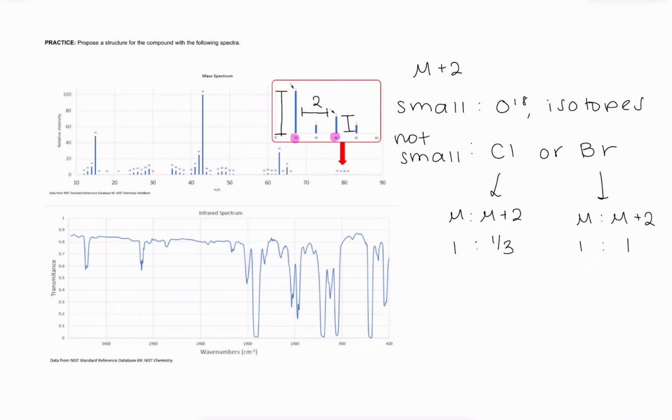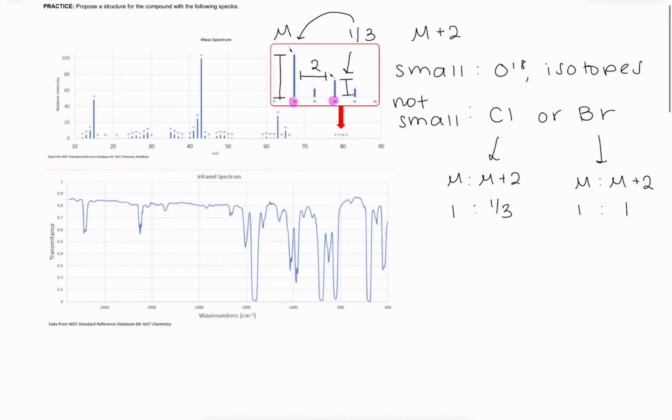After eyeballing it, we can confirm the 80 mass to charge ratio peak is 1/3 the size of M, which is the molecular mass of the compound. So let's write down somewhere that we have determined the molecular mass of our compound is going to be 78 atomic mass units.